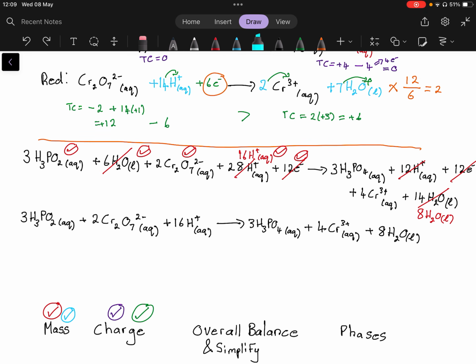Do we have anything else left? No, so next we check hydrogen. Here we have 3 times 3, so that's 9 hydrogen there. We have 16 here. We have 9 hydrogen here. We have 8 times 2, which gives us 16. So that's 25 on both sides. So yes, that's fine.